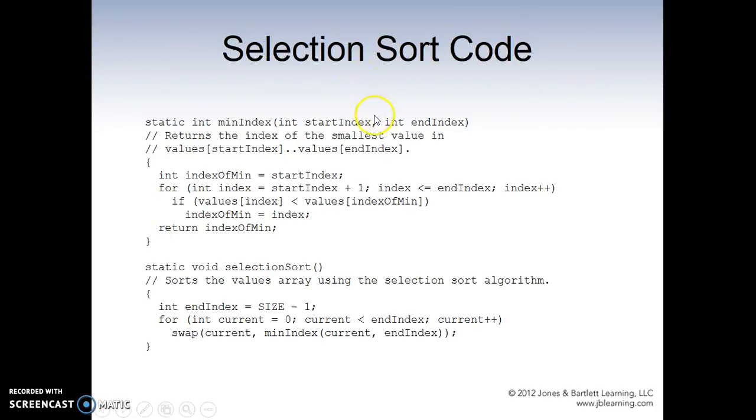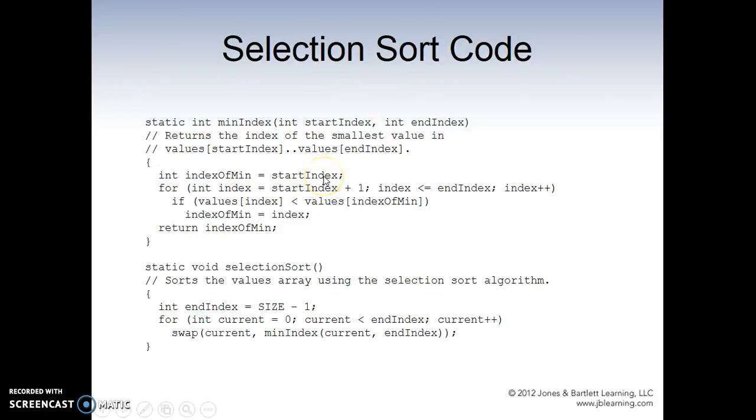Now this is how we implemented it after we decided on the algorithm. Min index, right? So we pass in the start index and end index, and we initialize min index equal to the start index.